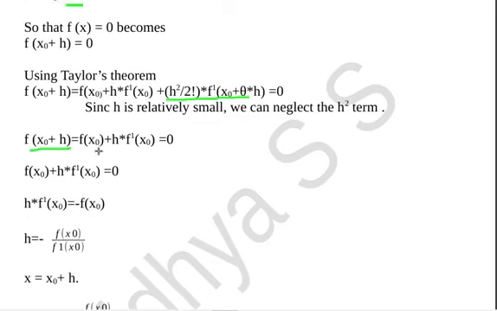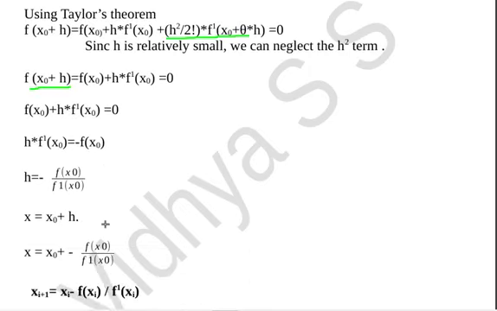That is, it can be rewritten as f of x0 plus h into f dash of x0 equal to 0. Then take the h part on one side and the other part on the right side. So it will be h into f dash x0 equal to minus f of x0. So h is equal to minus f of x0 divided by f dash of x0.